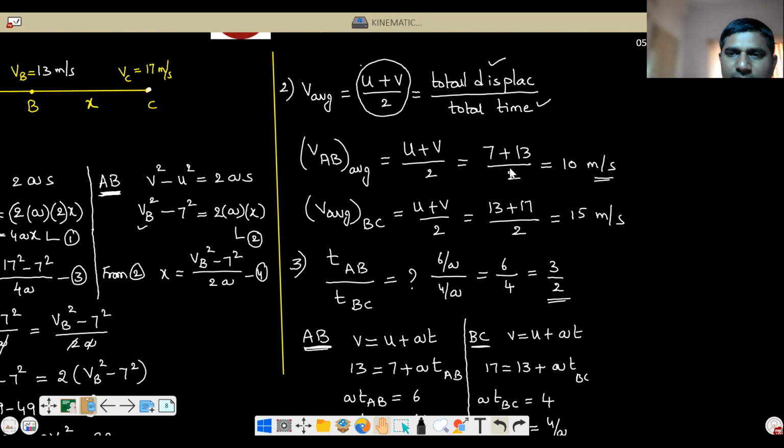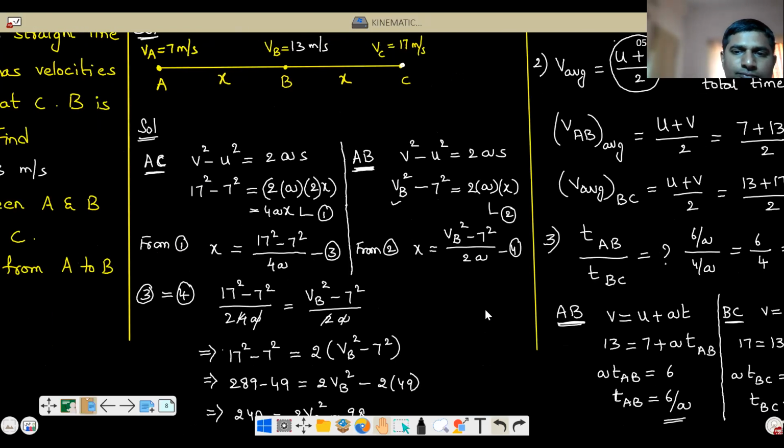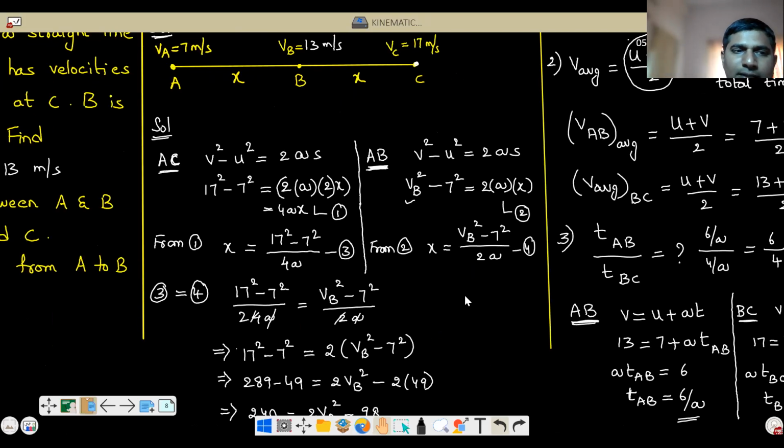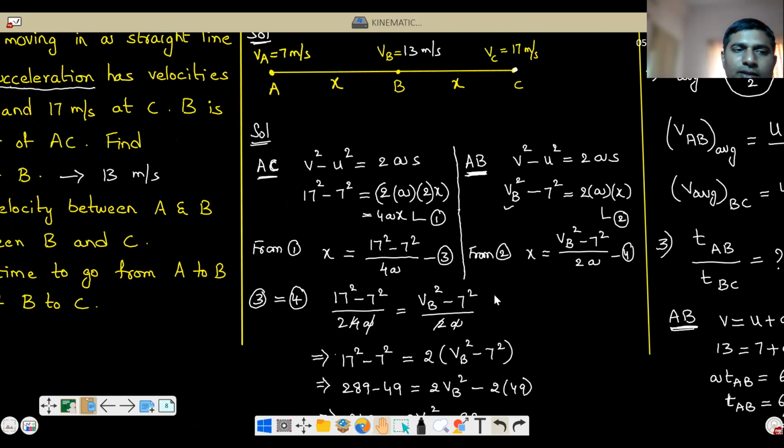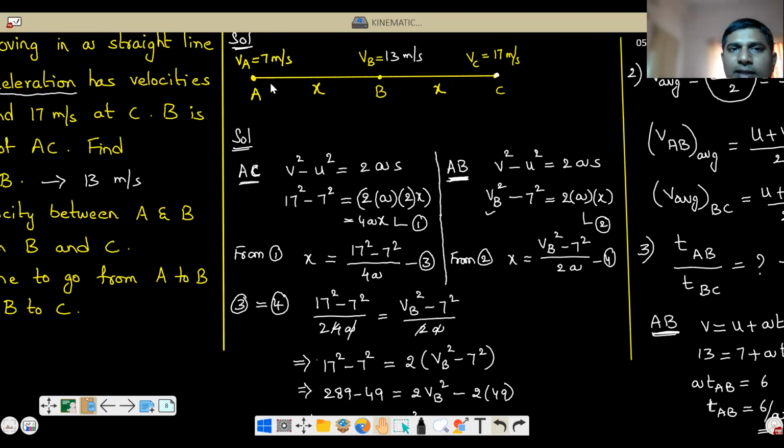So (7 plus 13) by 2 is 20 by 2, which is 10 meters per second. Similarly, the average velocity between B and C is (13 plus 17) by 2, that is 30 divided by 2, 15 meters per second. And what is the third part? Find the ratio of the time taken from A to B to that of B to C.